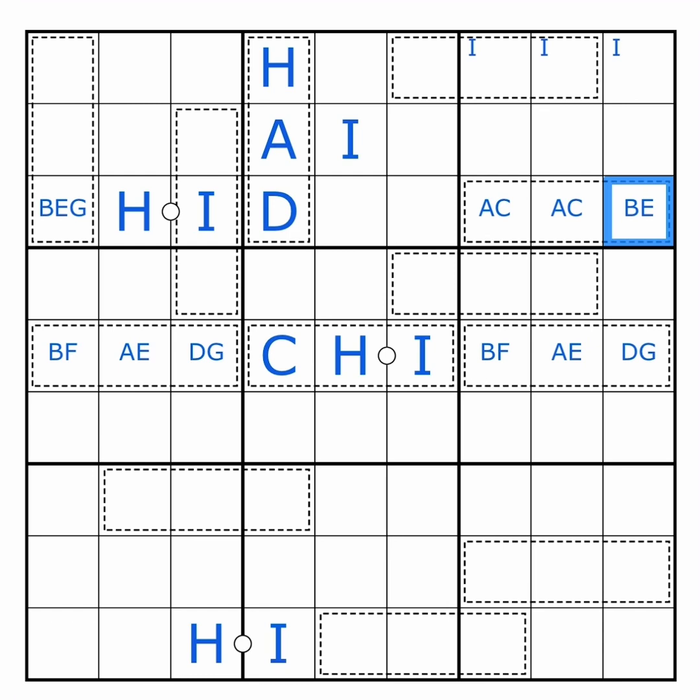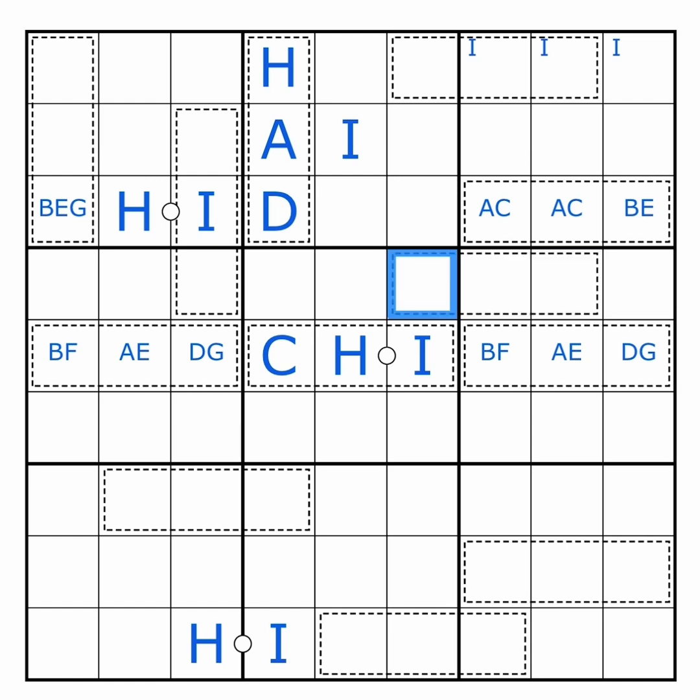So, that AC pair is interesting. That AC pair means that, let's see, if this were... this AC pair means that this cannot be ACE.